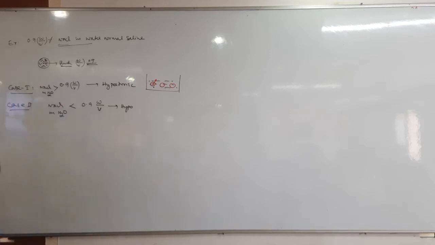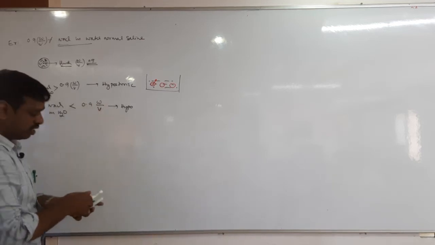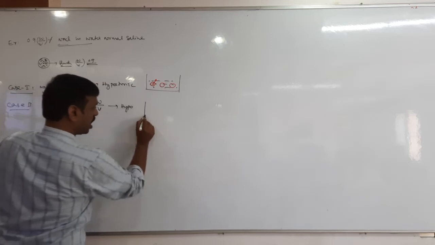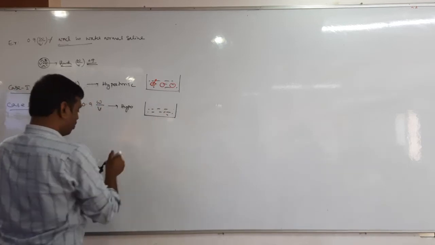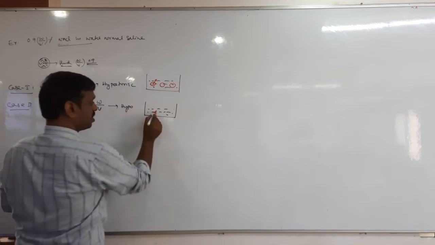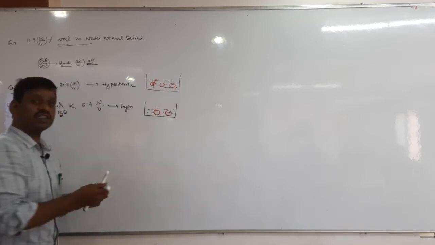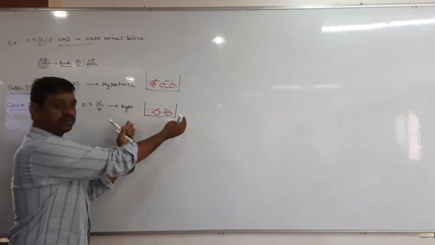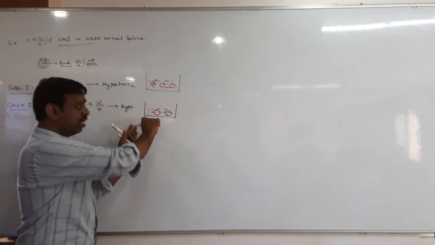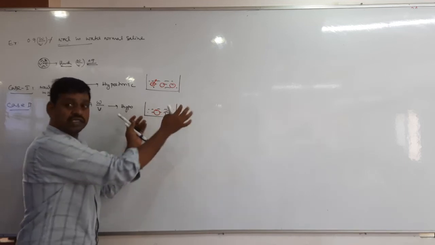Similarly, case 2, if NaCl in water is less than 0.9, what is that called? Hypotonic solution. Let us take it is a hypotonic solution. If the red blood cells are placed in it, the outside concentration is less, because hypo means less concentration, and inside is more.